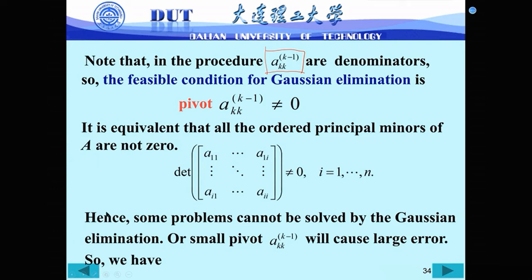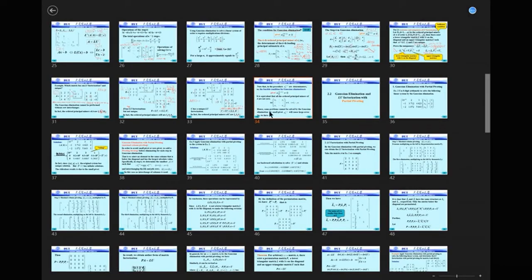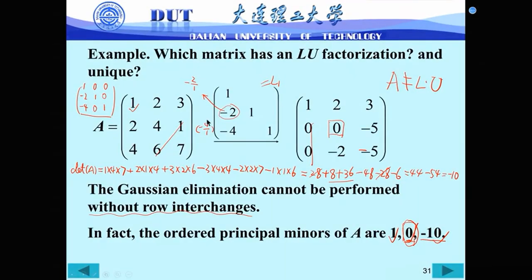So that means some problems cannot be solved by Gaussian elimination, just as the matrix A in this case. Just by step 1, we obtain a 0 pivot.